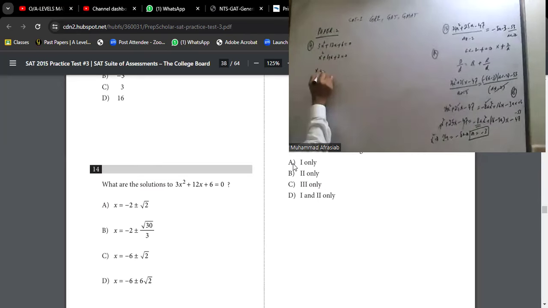Then use the quadratic formula, (−b ± √(b² − 4ac))/2a, where this is the value of a there, this is the value of b there, and this is the value of c there.